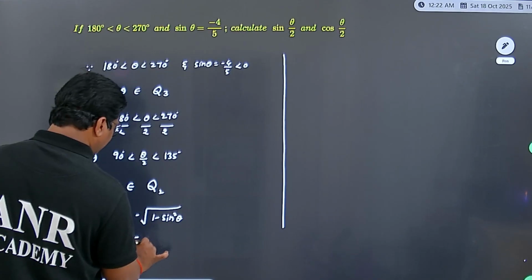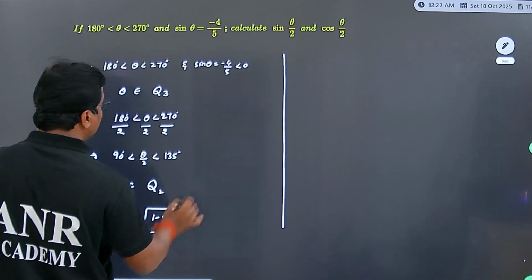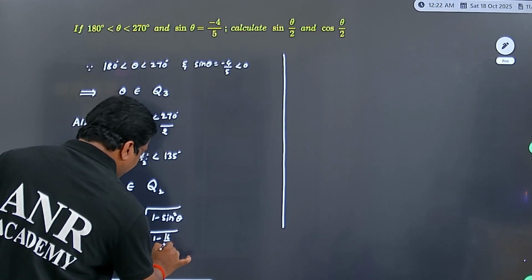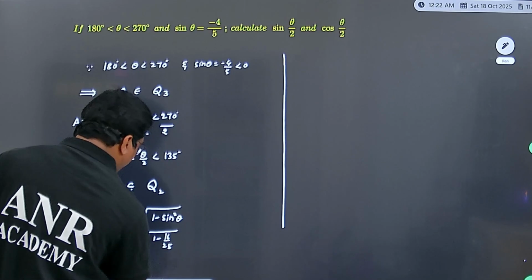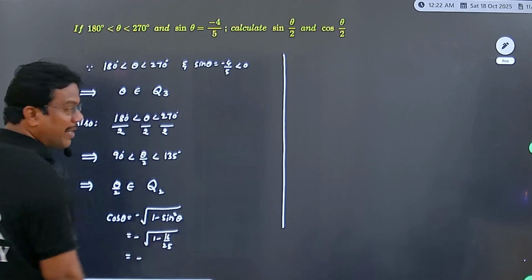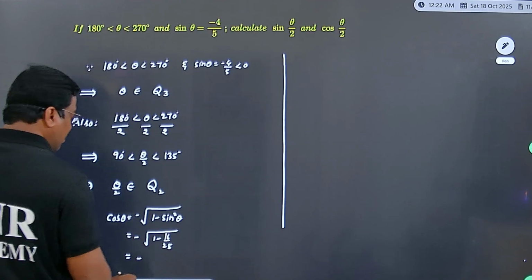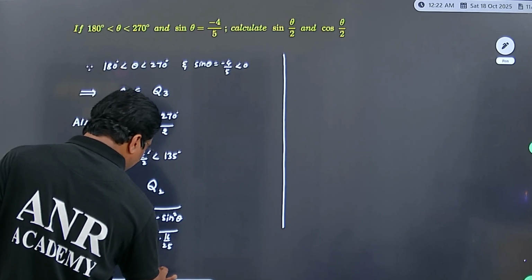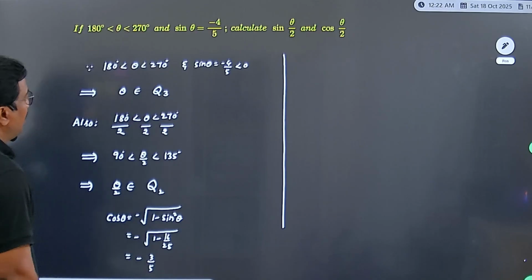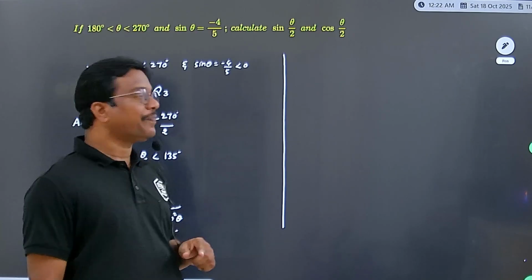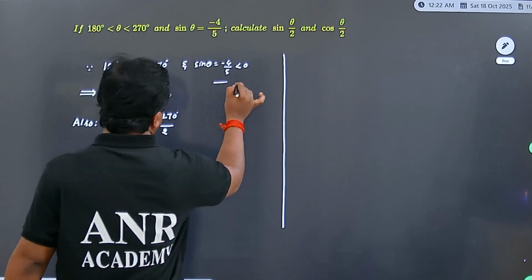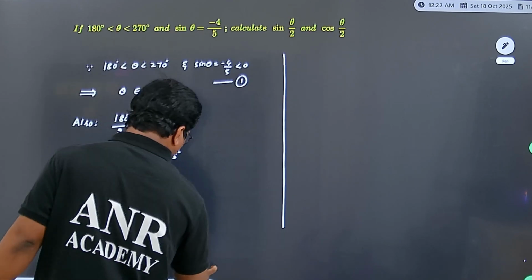So it is minus root over 1 minus sin square theta value, that is 16 by 25, and hence what we get, minus root of 25 minus 16, that is 9, root 9 value 3, root 25 value 5. In the third quadrant, both sin and cos are negative. This is the value of sin and this is the value of cos.